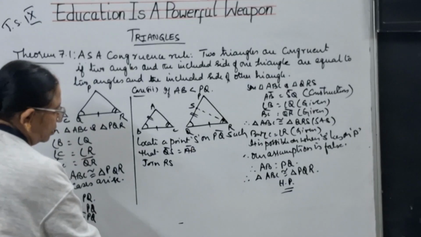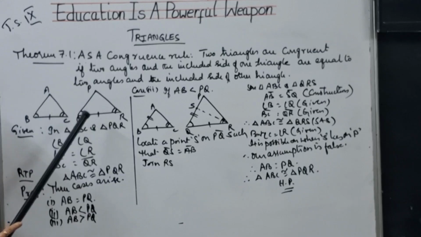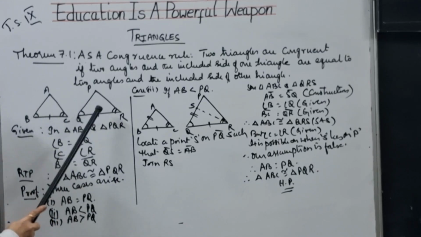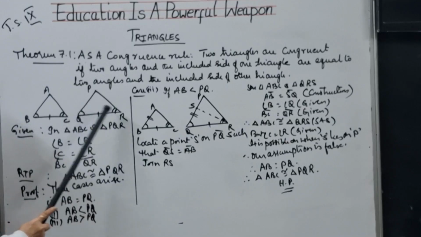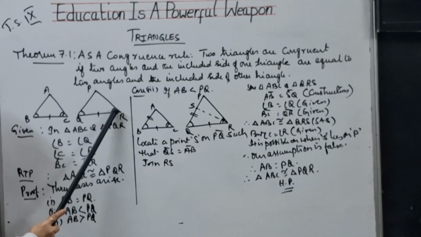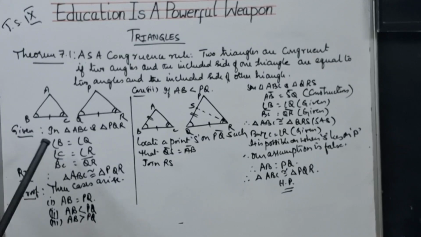I hope I am clear, children. What does the statement say? In two triangles, if two angles and their included side of one triangle are equal to two angles and included side of another triangle, then those two triangles are congruent. What is given?